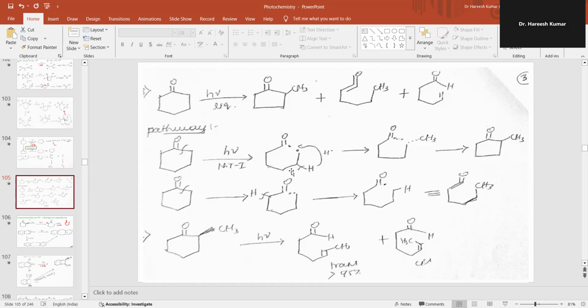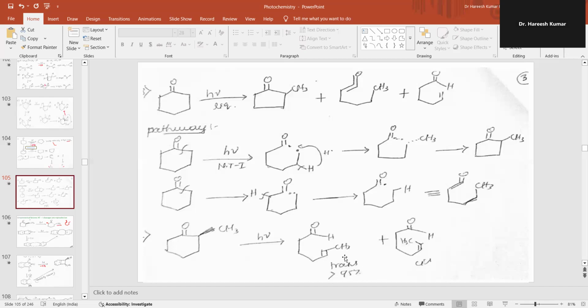If we are taking an unsymmetrical ketone, look here, this is one example of an unsymmetrical ketone. Cyclohexanone is a symmetrical ketone. 2-methyl cyclohexanone is the unsymmetrical ketone. In such cases, this also undergoes Norrish type 1 photocleavage, forming two products.